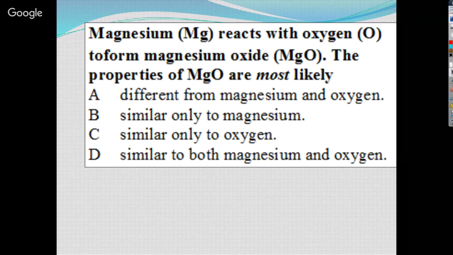You can take two things that have an identity, smash them together, and something brand new comes out of it. That's like a bird running into a cheetah, and then a car pops out of the dust. It's something you don't expect. The car doesn't resemble the cheetah or the bird. And so that's what compounds do. They create brand new things that resemble nothing of the elements by themselves. To me, that's magic. So that's the answer. Different from both magnesium and oxygen.